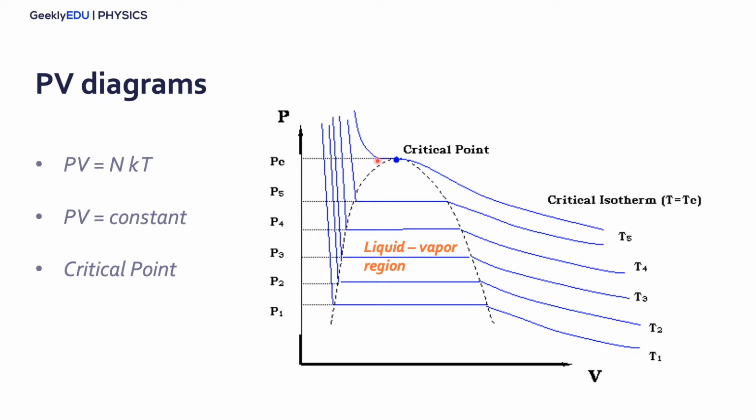This point here is also important. This is called the critical point. In this point here, we don't have liquid. We don't have a change of phase. So everything goes directly to vapor here. Above this critical pressure and the critical temperature, that's called the critical point.